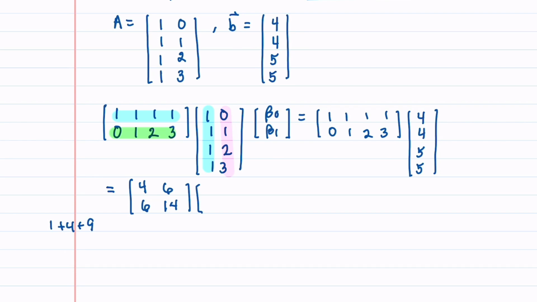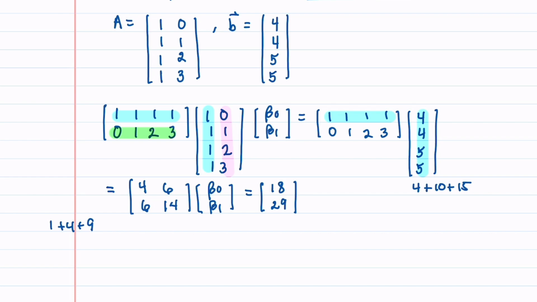And that multiplies our beta 0, beta 1. And then on the right-hand side, we're going to have this row times this column, and we're going to pick up 4 plus 4 is 8, and then a 10, so we're going to get an 18. And then down below, we're going to get a 4 plus 10 plus 15, which is going to give us a 29.